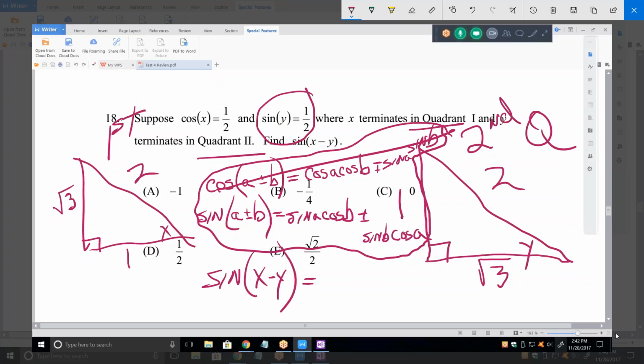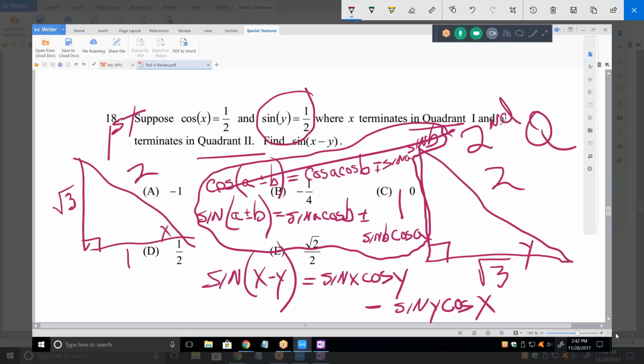Not sure why they do it in that order, although it makes sense to me to do it in that order. It's the second one we're going to use. It'd be sine x cosine y minus sine y cosine x. Perfect. Now, let's look at all of our triangles to figure out these four things.